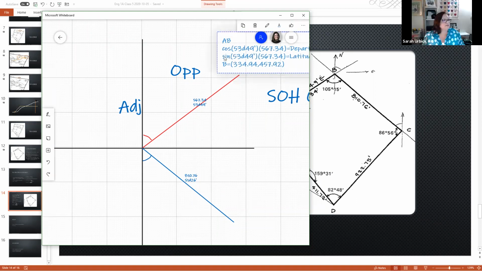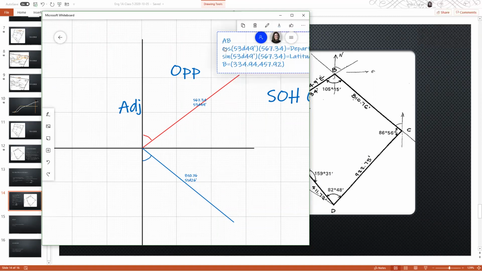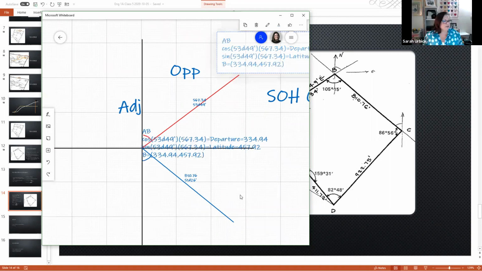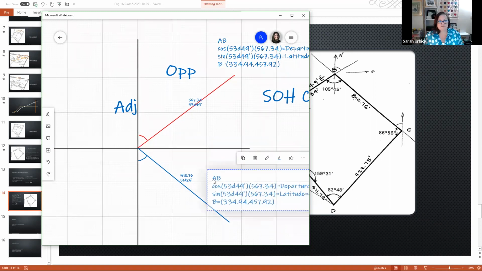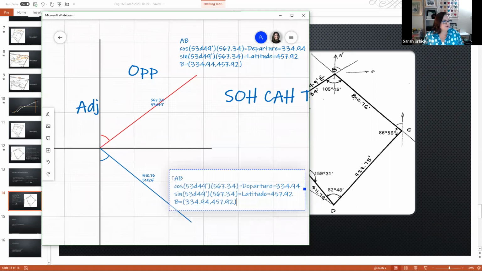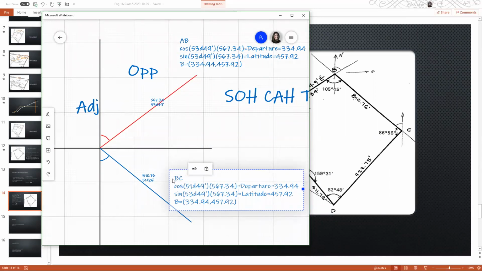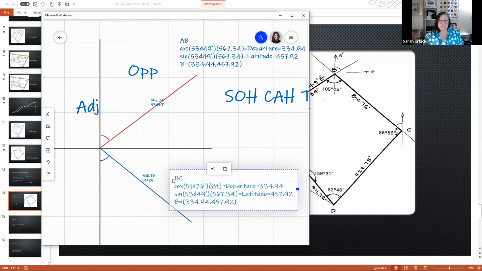Same exact process. The nice thing is I'm going to copy this over and simply adjust the details. All right, what are my details here? This is line BC. It's the cosine of 51/26, and my length is 810.76.